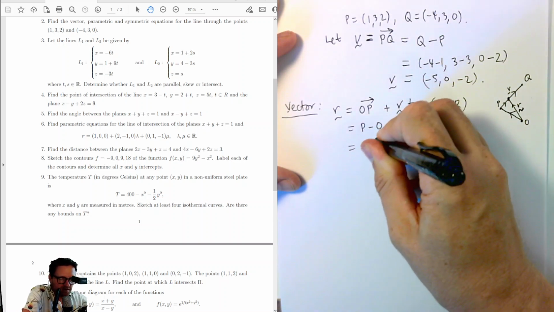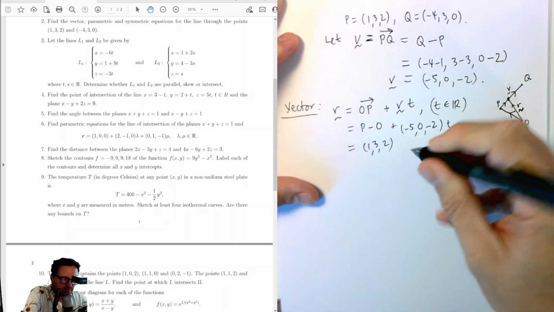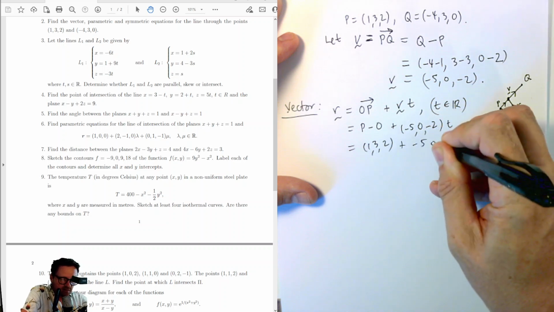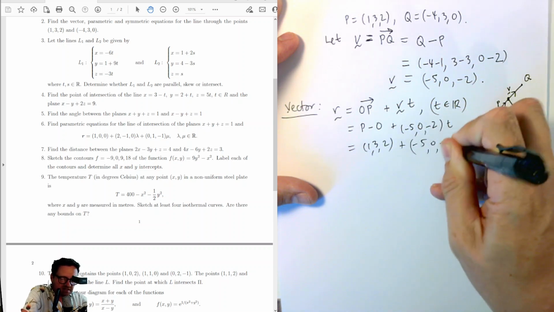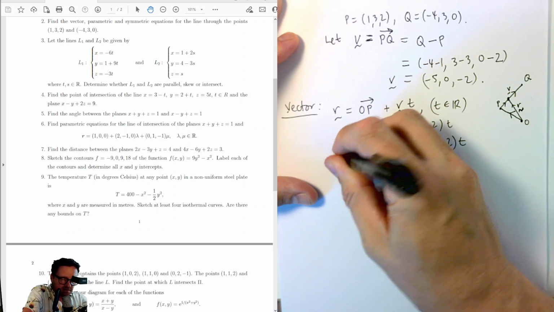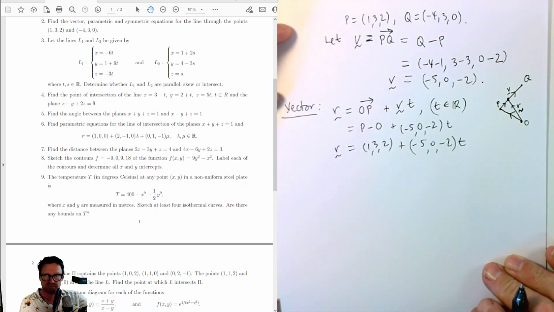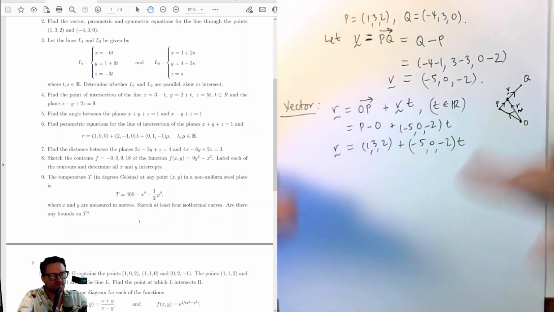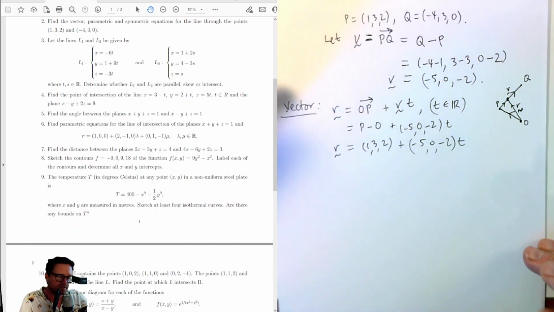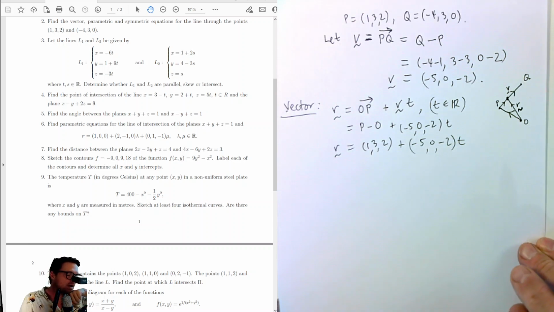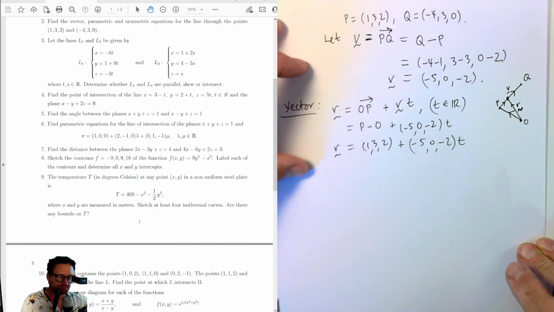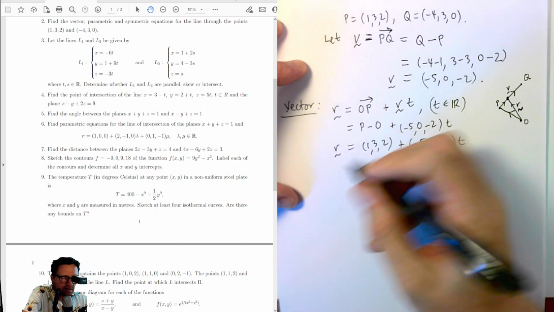So we have (1, 3, 2) plus (-5, 0, -2) times t. Okay, and now this completes our description of the vector equation of the line connecting P and Q.